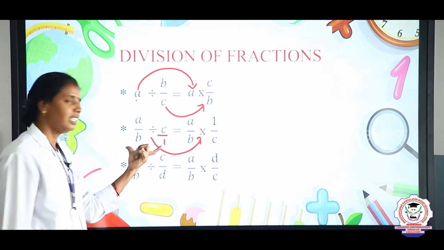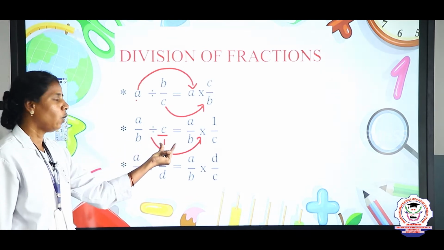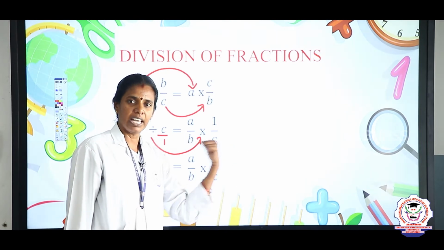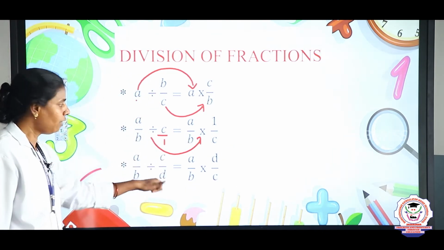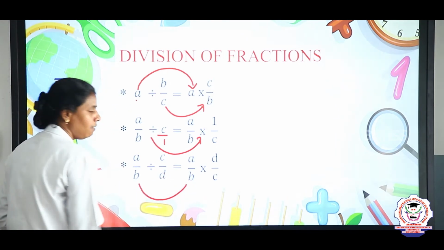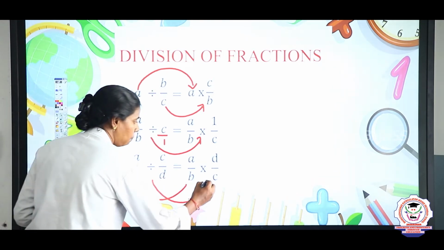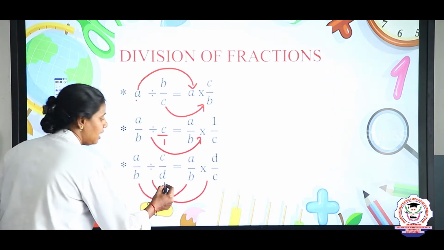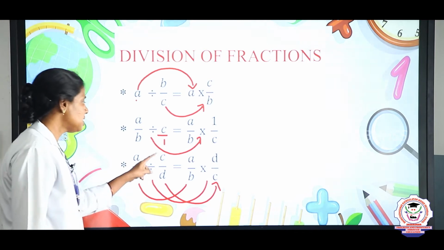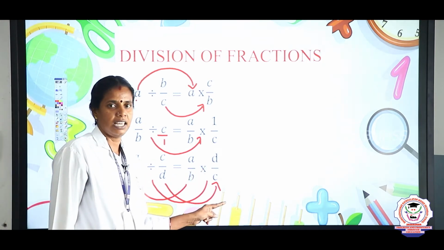Now we have written this fraction divided by a whole number as a fraction into a fraction, then we can solve this. When two fractions are given in division, a by b will be the same, divide will be replaced with multiplication and the second number will be replaced by its reciprocal, that is c by d will become d by c, okay.